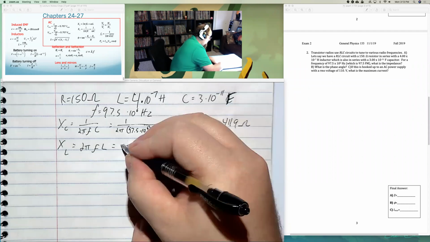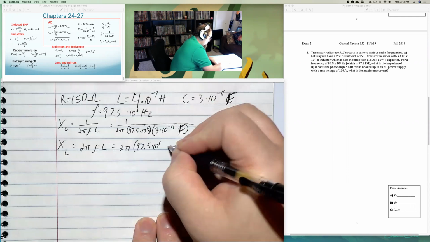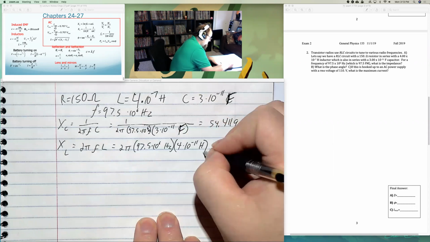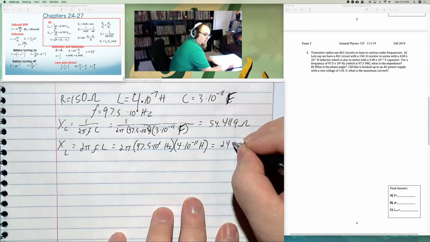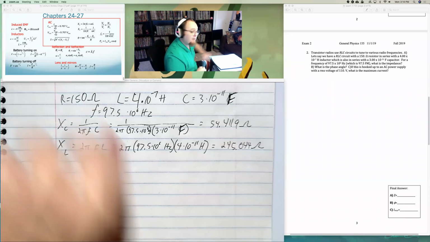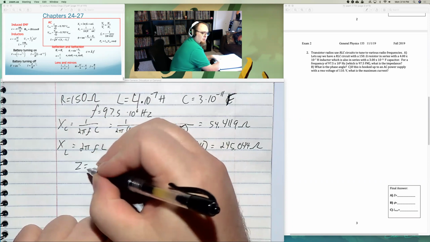X of L is 2 pi times 97.5 times 10 to the 6 hertz times 4 times 10 to the negative 7 henries. And that's going to be 245.044 ohms.